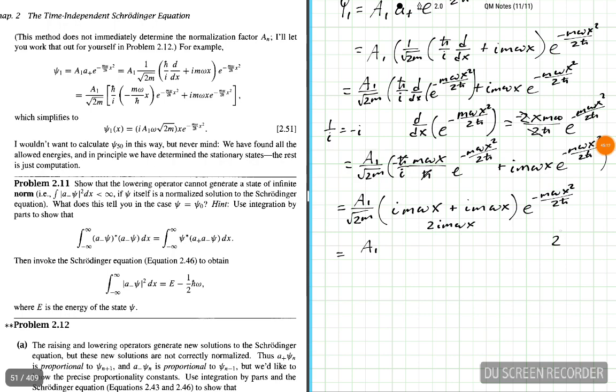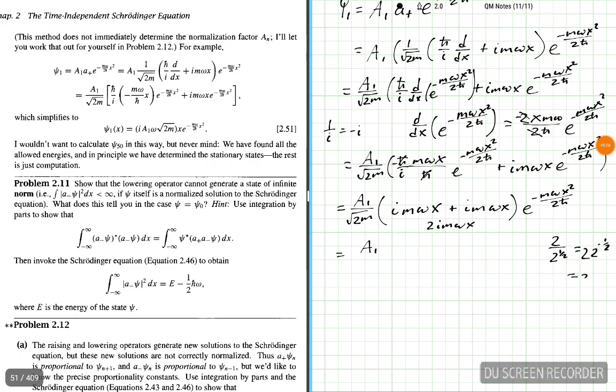I know most of you don't need this, but just in case. 2 over square root of 2 is going to be the same as 2 times 2 to the negative 1/2, and that just equals 2 to the 1/2, or square root of 2. Same thing with the m, so I have m over square root of m, it just equals square root of m on top. And then we have our i, we'll put i out here, and then I have omega x, and then this guy.